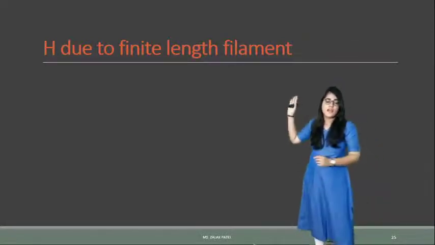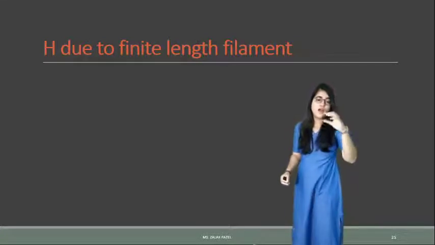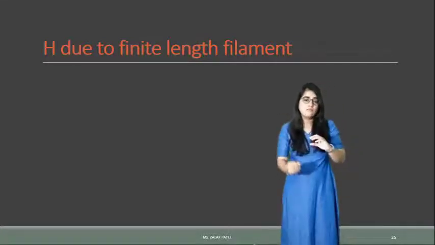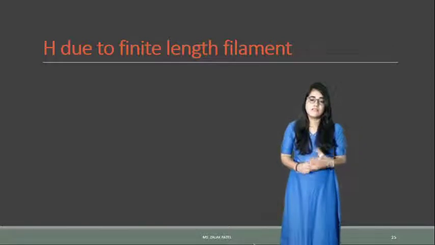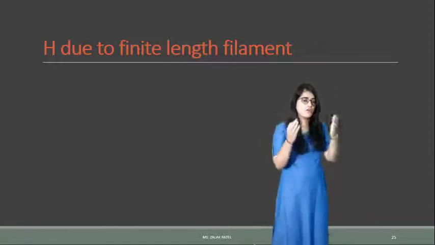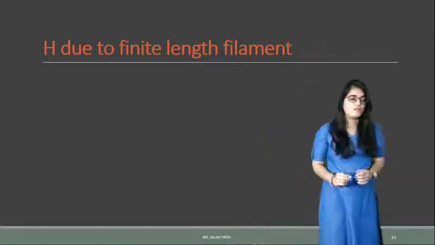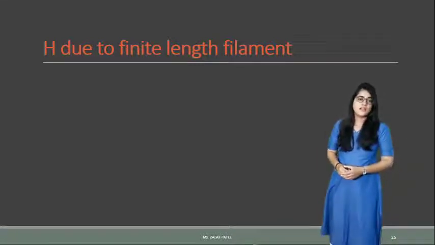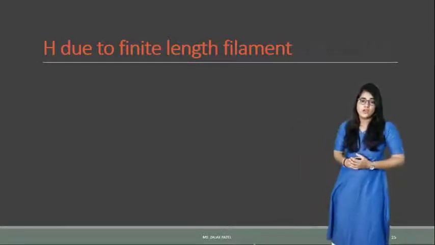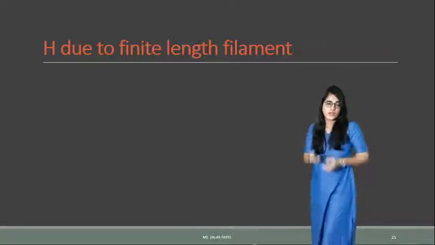But here finite length filament is there, so you have to take some starting point and end point. Means if I say that it has a starting point of z1 and ending point at z2, so you have to take the limit of integration from z1 to z2. Okay, no other changes will be done for this particular theory.